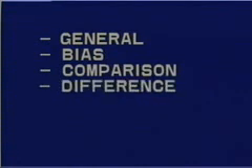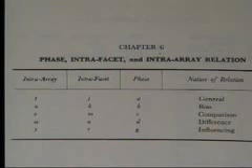Ranganathan has recognized 5 types of relations within each level of phase relation: general, bias, comparison, difference, and influence. The connecting symbol for phase relation is 0, and each type of relation is given a definite symbol for identification. For this, please refer to page 2.28 of colon classification.